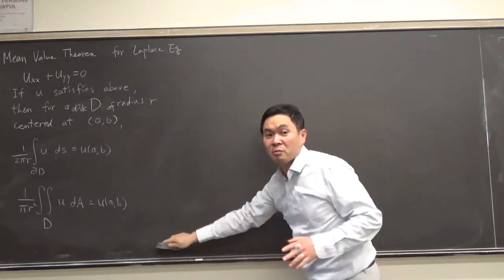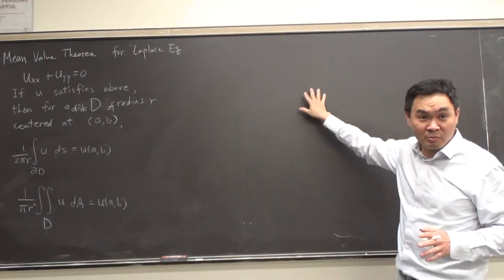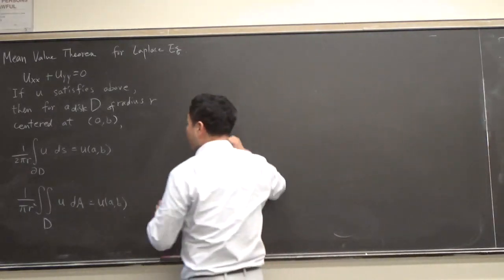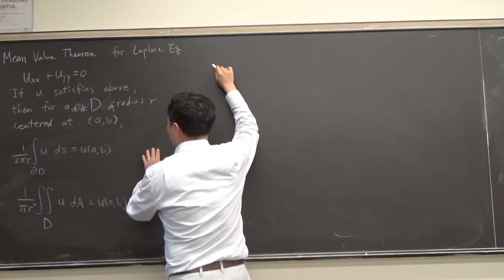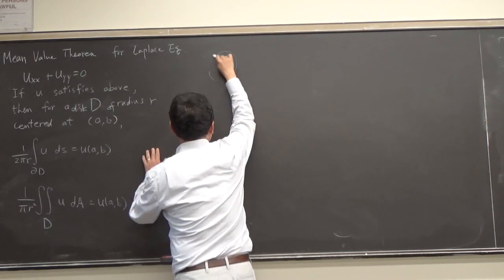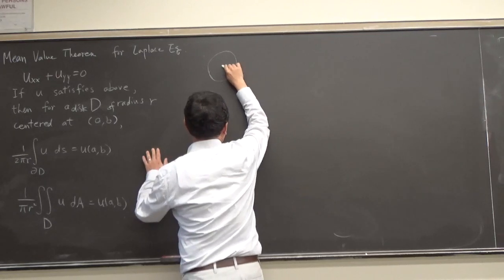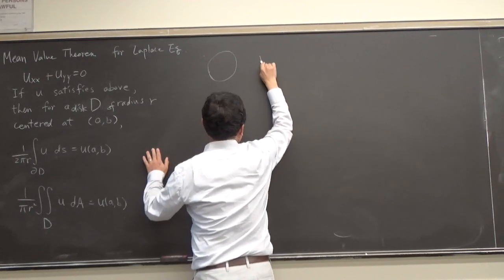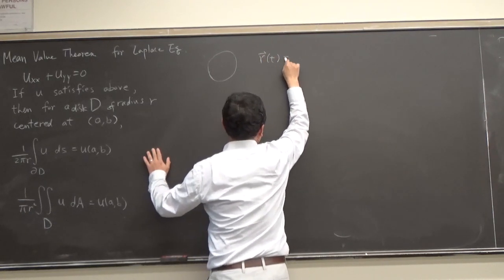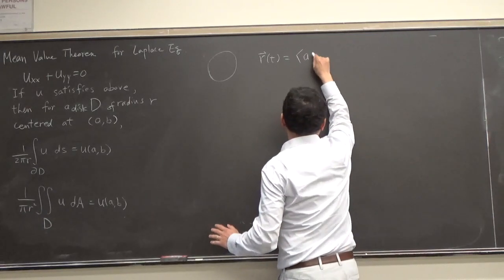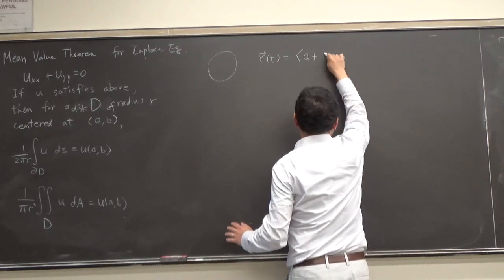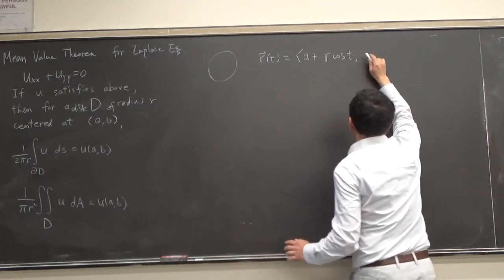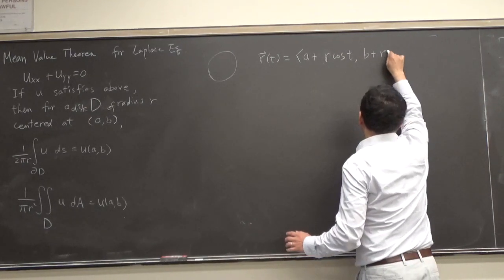At some point we'll be making use of the Green's theorem in the special format that we wrote. All right. So what we do is we first parameterize the circle. How is the circle parameterized? Well, r(t) is equal to a plus r cosine t, comma b plus r sine t.